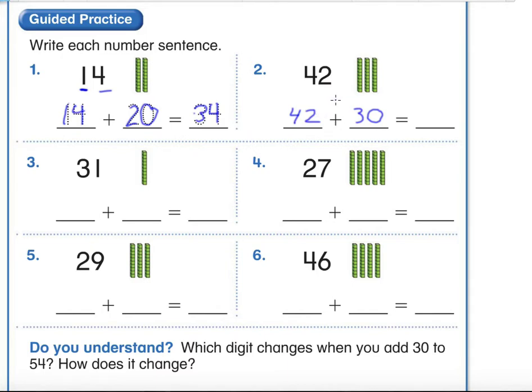So let's count all the tens together first, because that's kind of the easiest way. So we're going to count on from 40. Okay? So let's try counting on from 40 by tens. So 40, then go over here, 50, 60, 70. Let's do that again. Now I'm ignoring that 2.